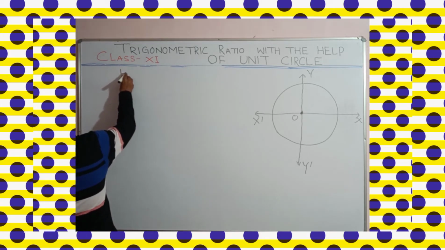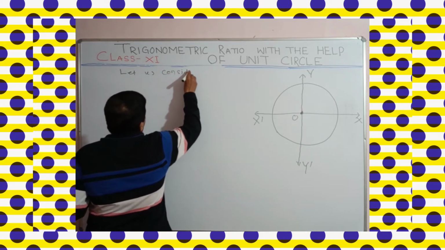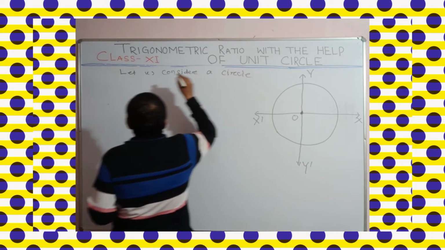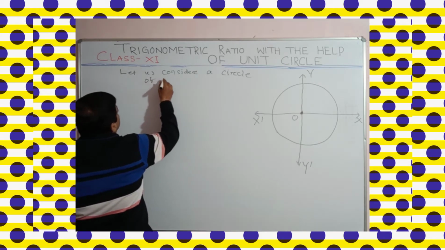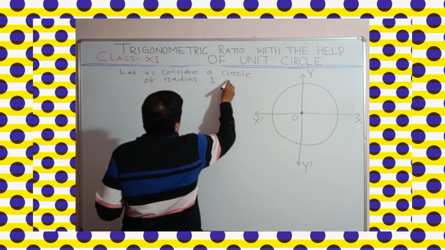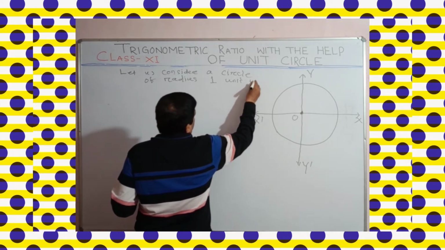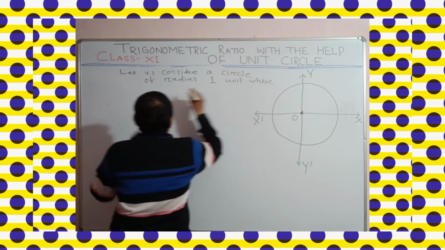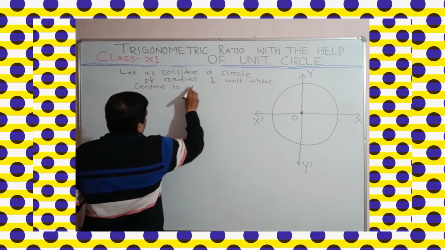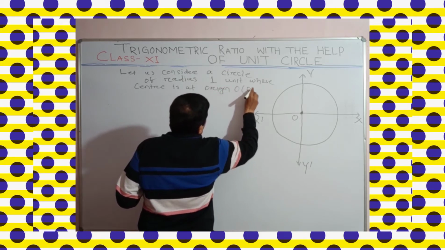So let us consider a unit circle, a circle having radius 1 unit, whose center is at the origin, whose coordinates are 0, 0.